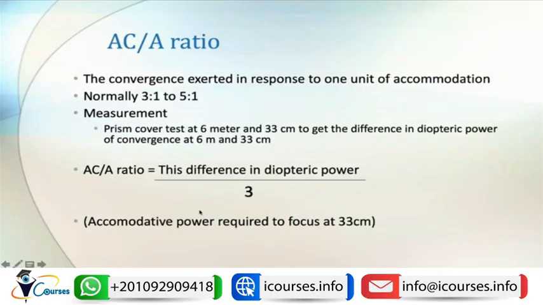If it is more than this, then the patient has a high ACA ratio. If it is lower than this, then the patient has a low ACA ratio. This is the accommodative power required to focus at 33 centimeters. So this is the significance of the ACA ratio.